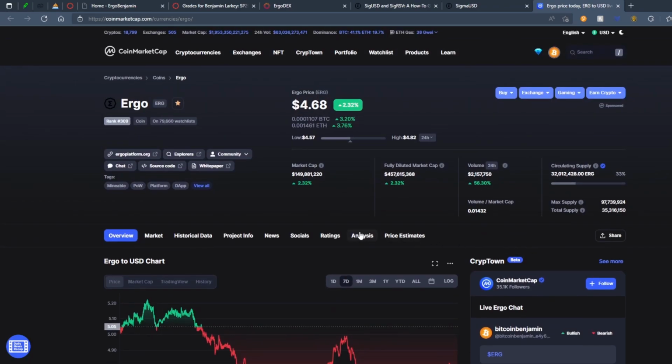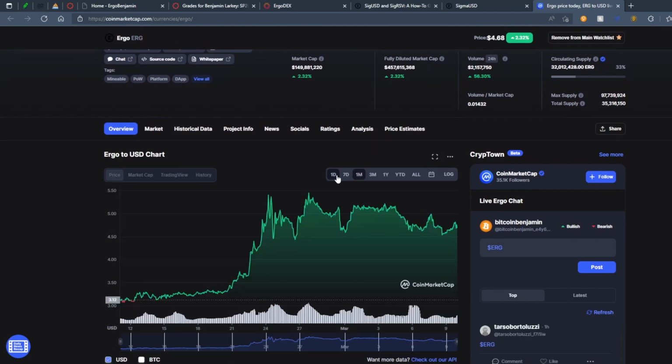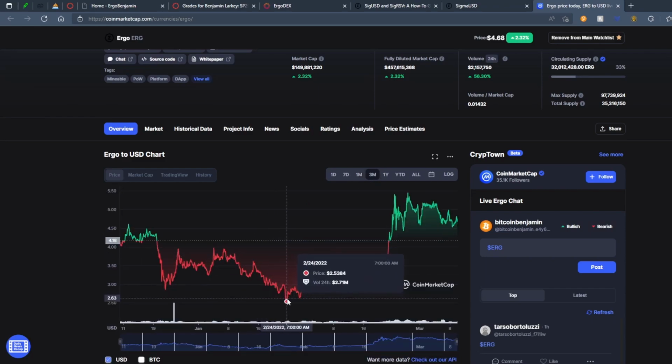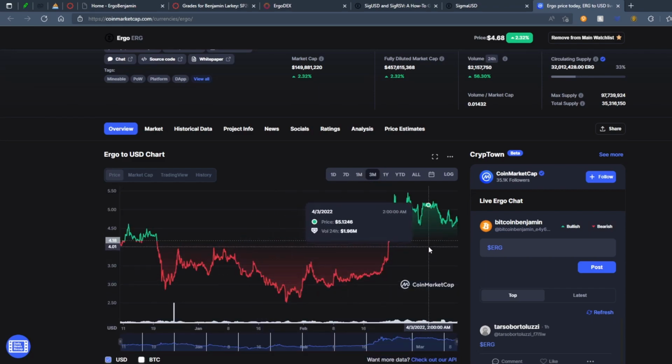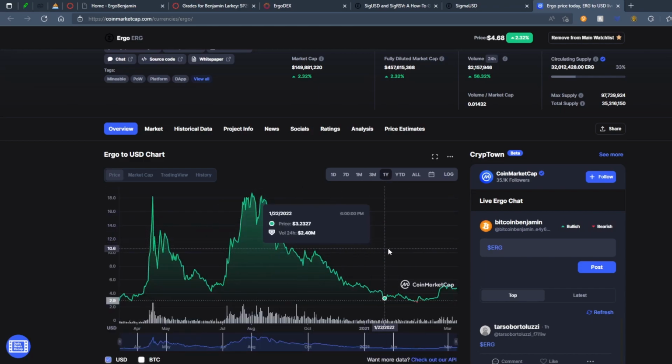Okay, bud. We'll get there one day, I think, honestly, but until then, we're dealing with this volatility right here, or I mean, the bottoming though. If you bought at 2.5 and then sold at like 5.1, that's double the profit right there. That's 100%. So kudos to you.